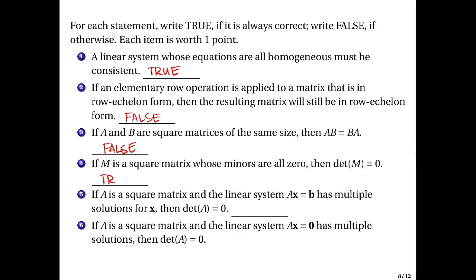Correct. Okay? Remember that the cofactors are coming from the minors also. So if the minors are 0, then the cofactors are all 0. So if you use your cofactor expansion, you add all the zeros. Determinant is equal to 0. Now, if A is a square matrix and the linear system AX equals B has multiple solutions for X, then the determinant of A equals 0. True or false?